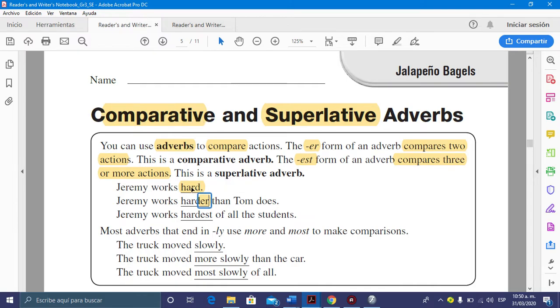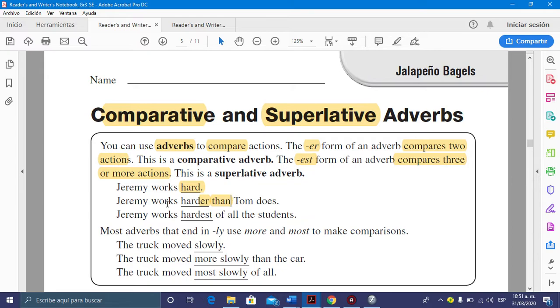So you have to add er to form the comparative of an adverb. This is my adverb. How is the comparative? I have to add er. So, harder. And don't forget to write than. You always have to put than when you use comparative. Always. Jeremy works harder than Thomas does.